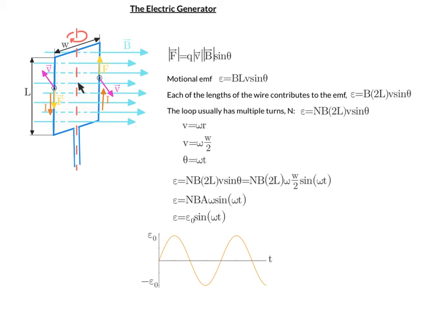But then when it makes half a revolution, when it gets to this point, the current through this portion will go down. And then it makes another half a revolution and the current goes up. So the current goes up and down every half a turn through each of these portions of the loop, which means that the current alternates direction as it's rotating through the magnetic field.